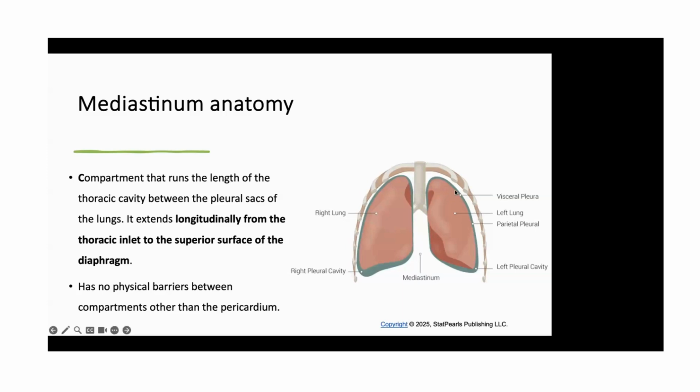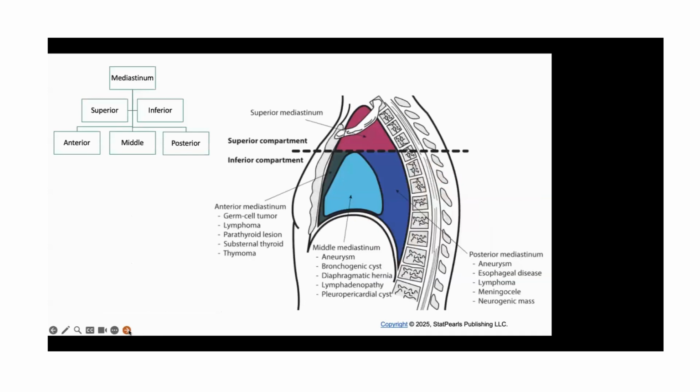It extends longitudinally from the thoracic inlet to the superior part of the diaphragm. Theoretically, it is divided into superior and inferior, and the inferior mediastinum is subdivided into anterior, middle, and posterior parts.